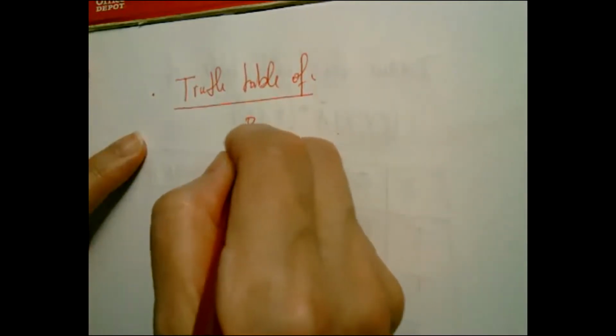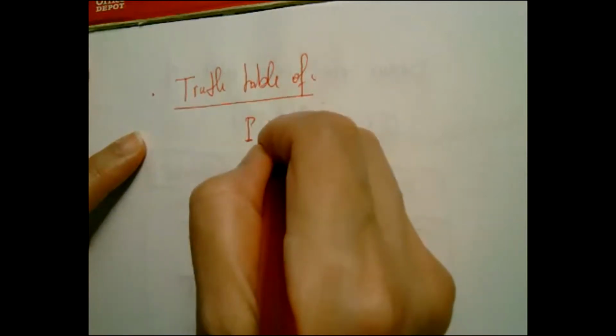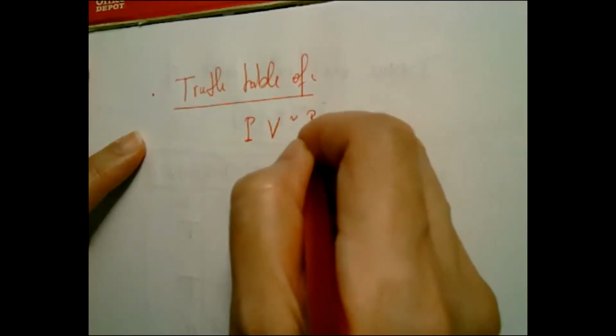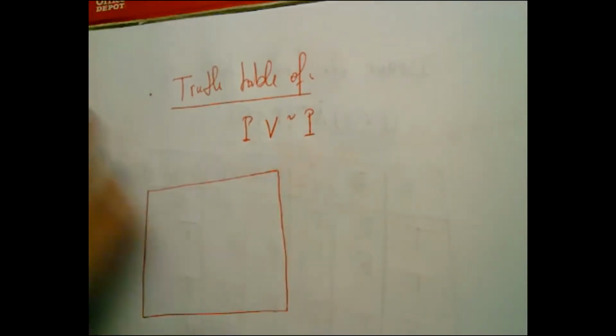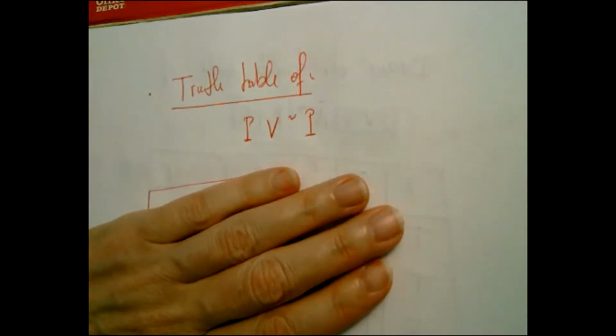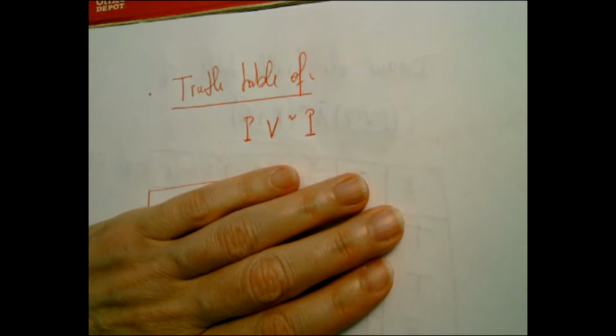Suppose I want you to draw the truth table of P or non-P. Before I do the truth table, what do you think is going to happen? Shouldn't it always be true just because, since it's or, it's just going to flip? Exactly. It's going to be always true.